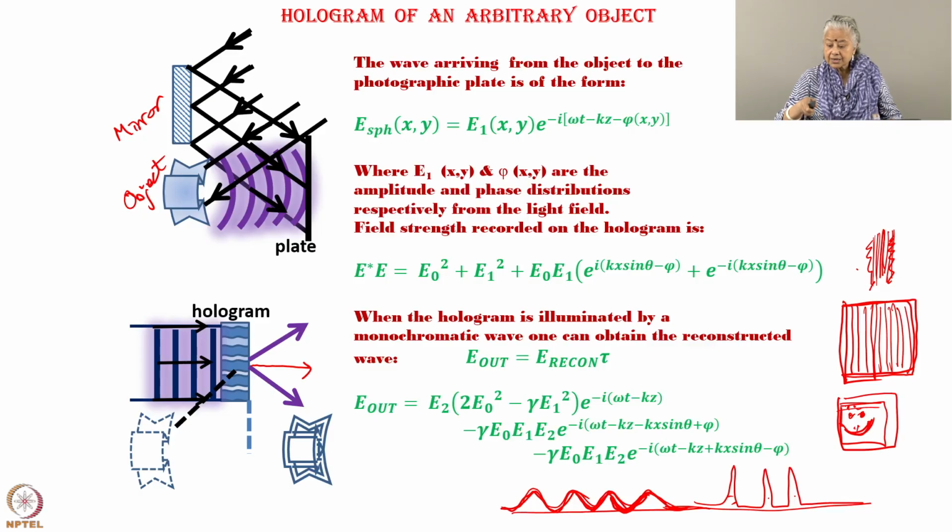One thing you can understand: because we are recording the phase, as I have said before, your holographic plate has to be a hard plate. It is not a film which keeps moving, so that the phase is recorded very accurately.